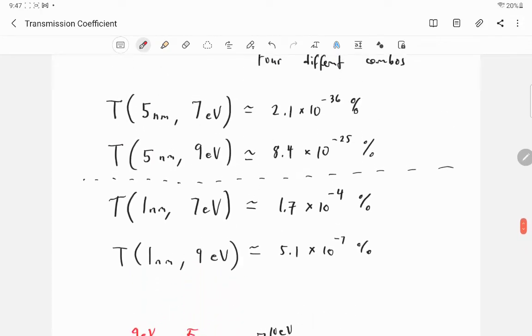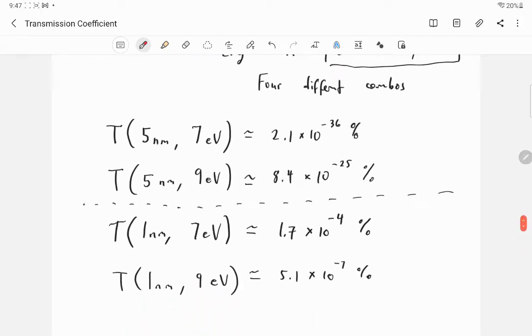And the answers are kind of crazy. So check this out. These are the wide barriers at two different energies. So if you're at 7 electron volts, that is 3 electron volts from the top, this is your percent to be transmitted, which looks so similar to 0.